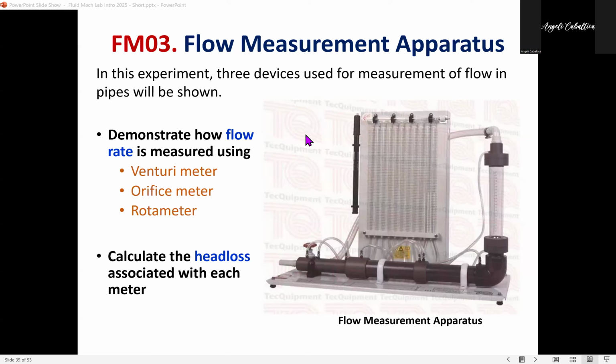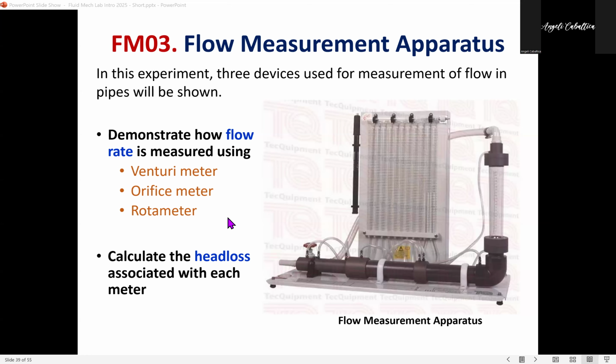Now this experiment, I think, has two objectives, not really two parts, but two objectives, if I'm not mistaken. One is to demonstrate how the flow rate is measured using these devices, and the other is calculating the head loss. Now you have to go through the lab manual for the derivation of all the equations because they are all in there.